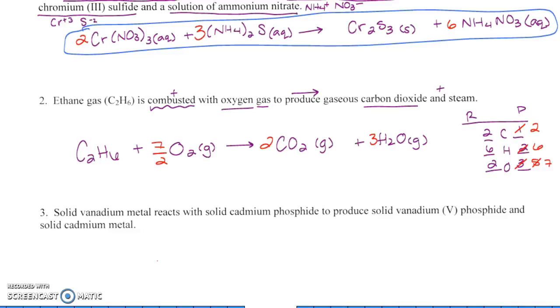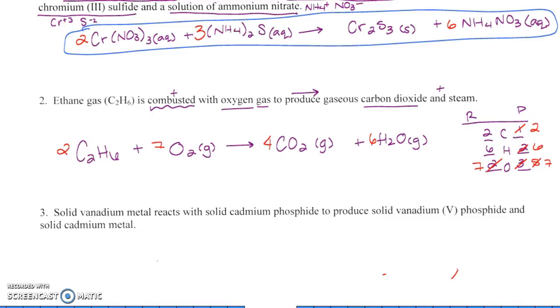But I know that if I have 7 divided by 2 times 2, that's going to give me 7 oxygen atoms. But we need to have whole number ratio. So we're going to just multiply everything by 2. So 2, this is going to give us just a plain old 7. We're going to get 4, and we're going to get 6.